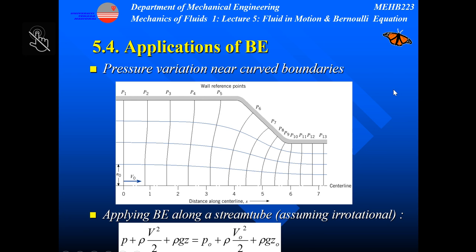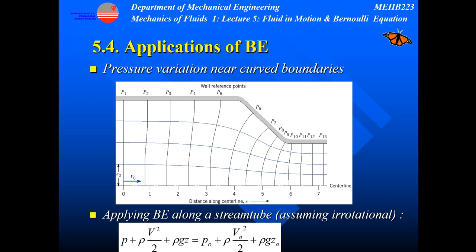Okay, another application of Bernoulli equation is the pressure variation near a curved boundary. So in this application, normally we apply it in a pipe. So in the pipe, the fluid is inside the pipe, right?